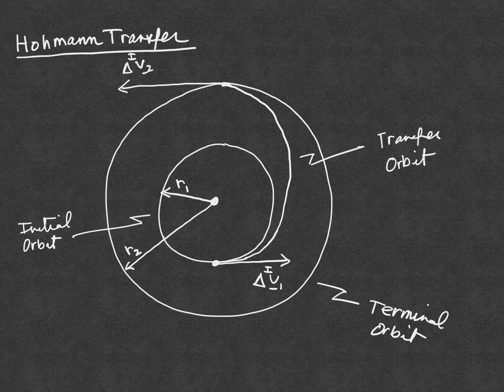So now we make the following two key observations about the structure of the two impulses for the Hohmann transfer.